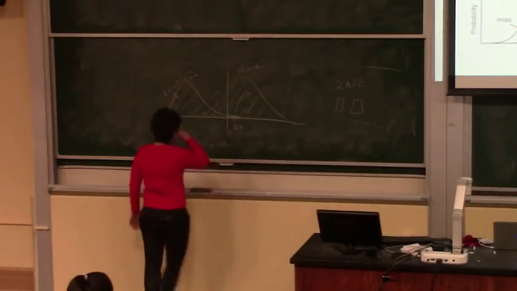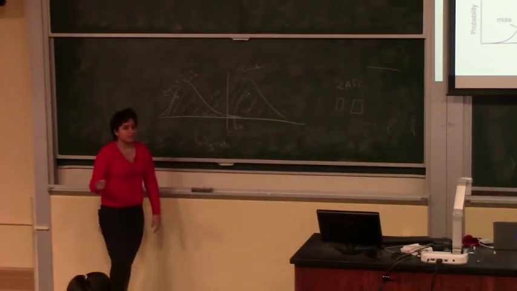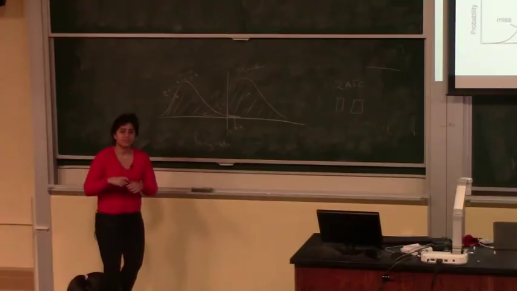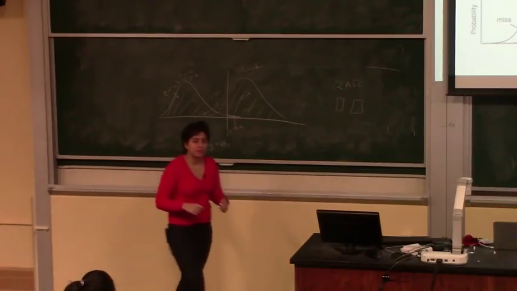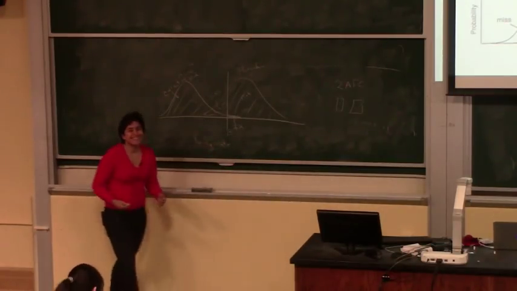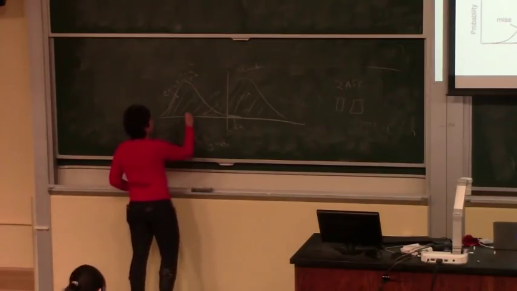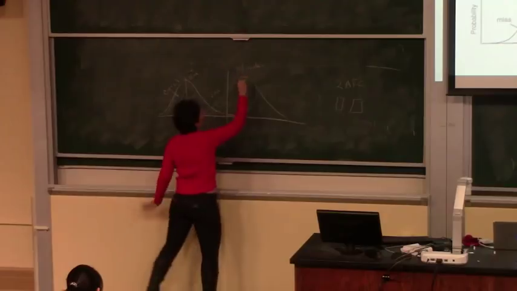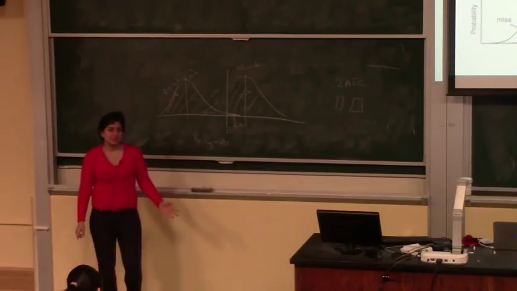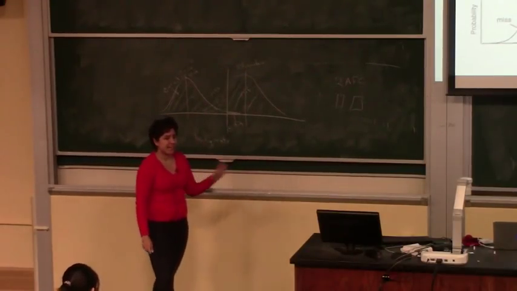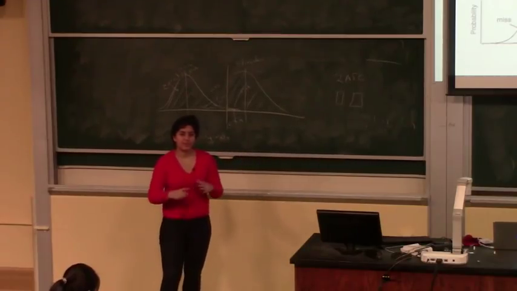So the D prime measure. Sorry, is there a question? Oh, D prime. Yes. The D prime is the distance between these two curves. We are going to assume, for the sake of this class, that these curves have the same variance.